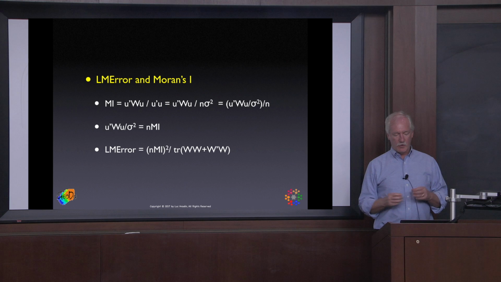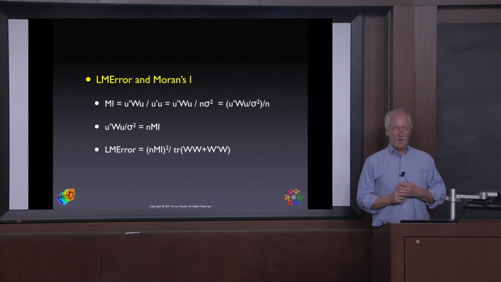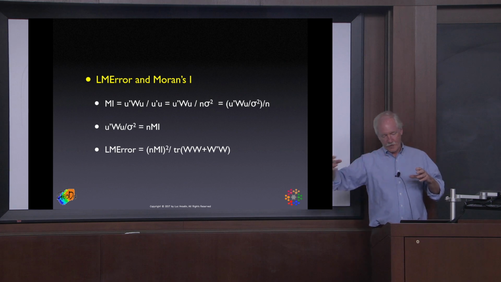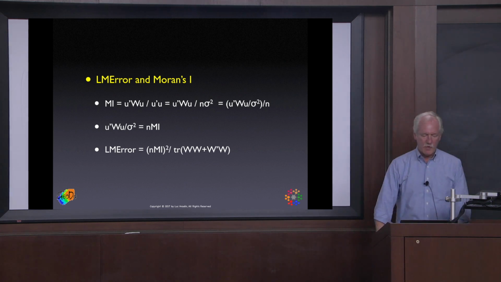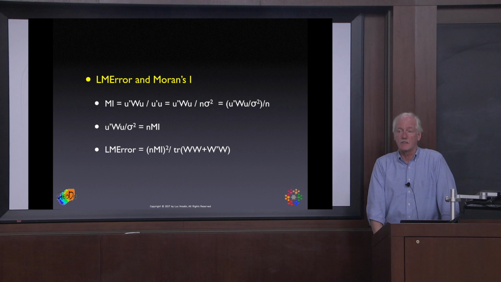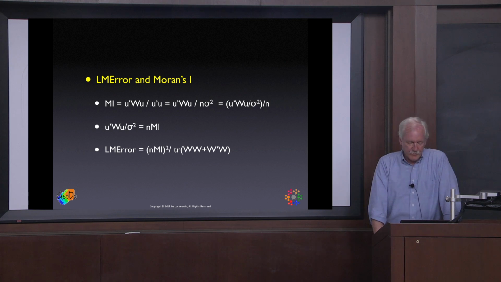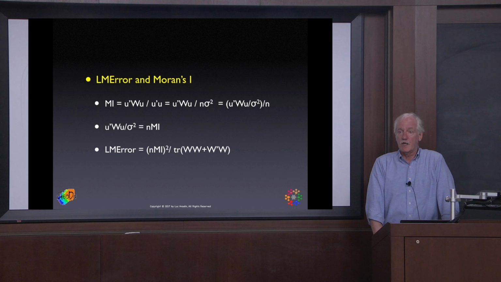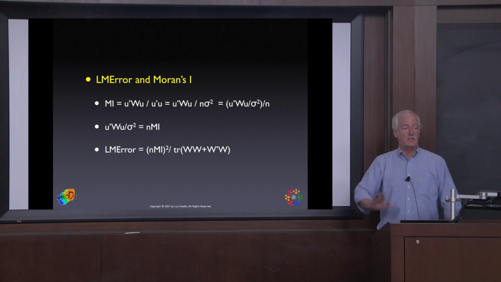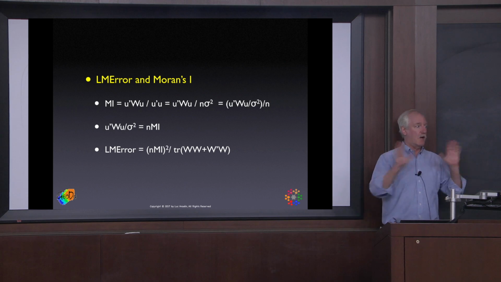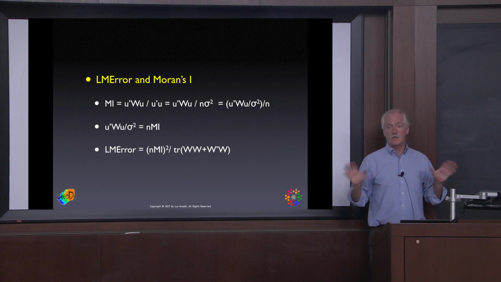And as I mentioned earlier, you can show that the properties of Moran I inherit from the properties of the Lagrange multiplier test. And some of the more recent results are actually more encouraging. Remember I said this is highly parametric, a lot of assumptions, normality, all that stuff.